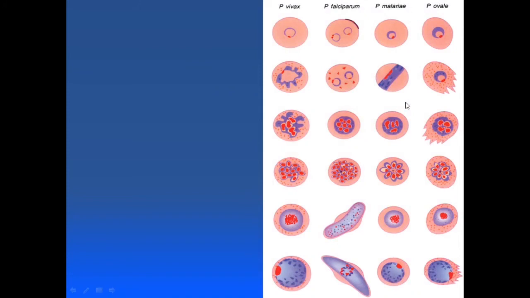First of all, we have studied the early trophozoite, the ring form. We have seen that malariae and ovale have a thick ring, whereas falciparum has a small ring. Then we studied the mature trophozoite stage, which has an irregular shape and has a band.